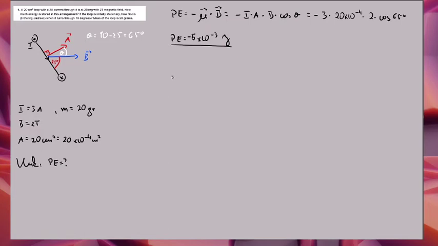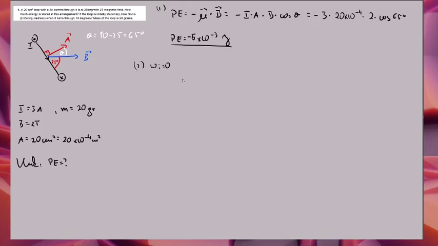All right, so I'm done with the first part. Now the second part is, if the loop is initially stationary. Here's the second part. The initial speed is 0. This thing is not moving, and actually that's almost meaningless because this loop doesn't have any velocity except for the angular velocity. So let me get rid of that and write here instead omega initial is 0.